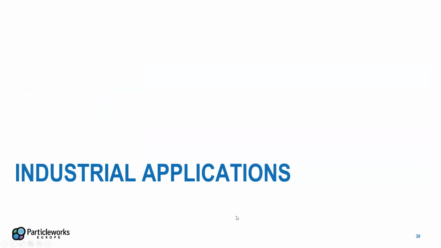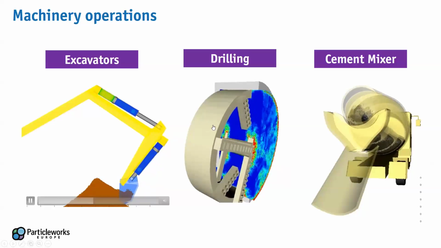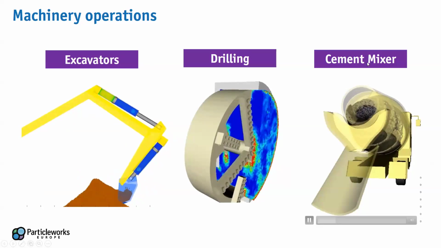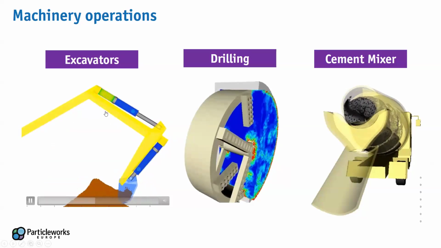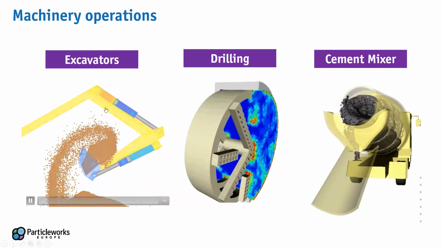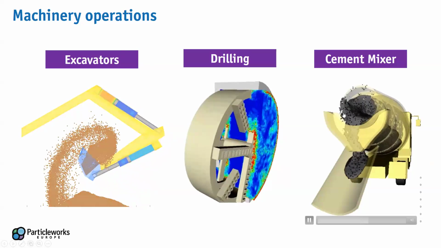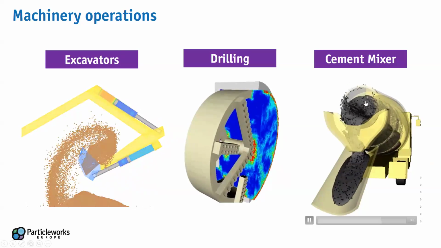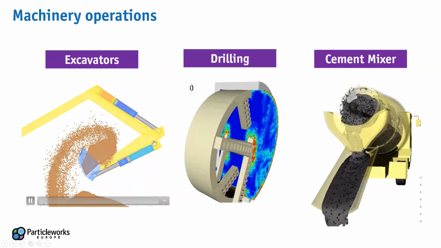And let's now have a quick overview of the applications visually. As mentioned, we have excavation, so machinery operation, mixers for cement, drilling, but also excavators. Those can be analyzed. I will come back to the cement example in a few slides because it's a very interesting coupling.